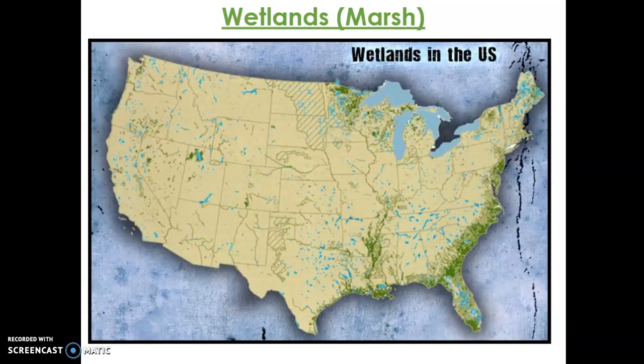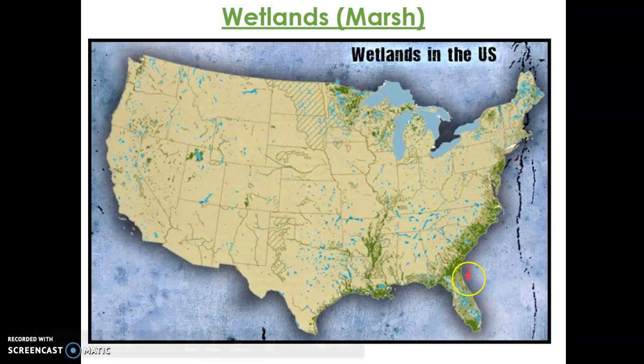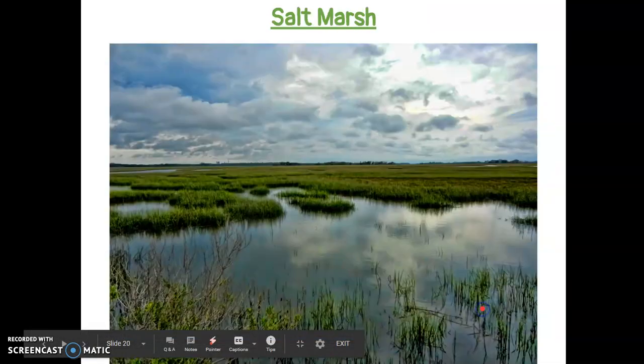All right, here is a map of the wetlands in the United States. We're going to be focusing specifically on the saltwater marshes, so those that are up right against the oceans. We're looking at saltwater marshes. And this is a good example of a saltwater marsh.